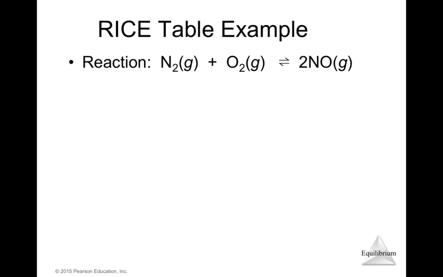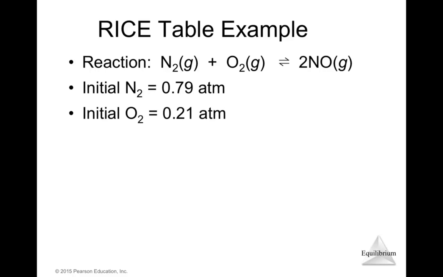For this reaction, nitrogen gas plus oxygen gas producing 2 moles of nitric oxide. The initial concentrations are going to be in partial pressures. The initial pressure of nitrogen will be 0.79 atmosphere. The initial pressure of oxygen will be 0.21 atmosphere, and the initial pressure of NO will be 0.